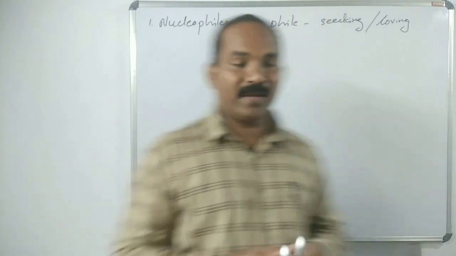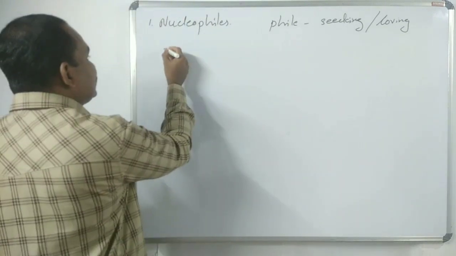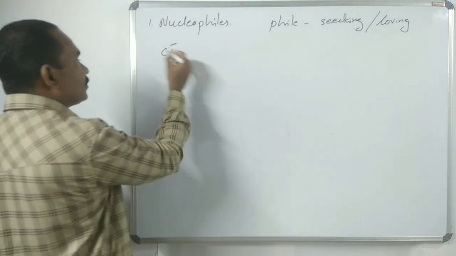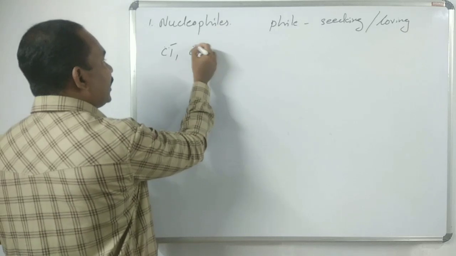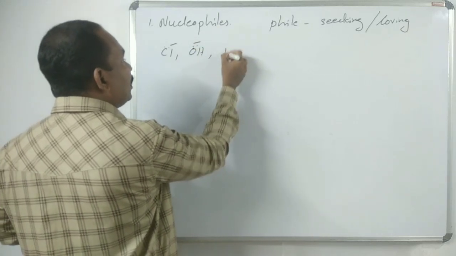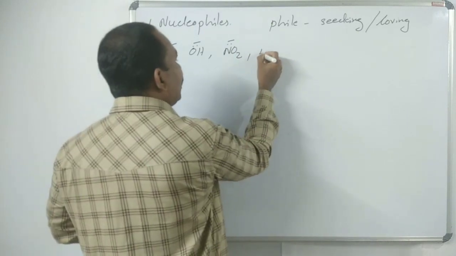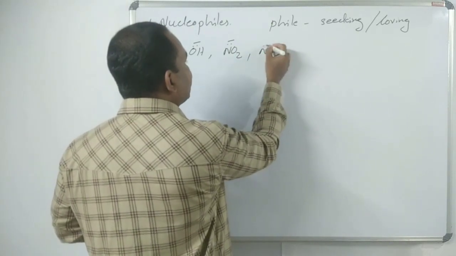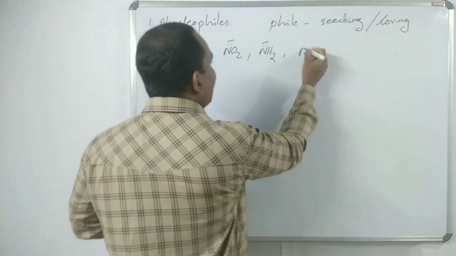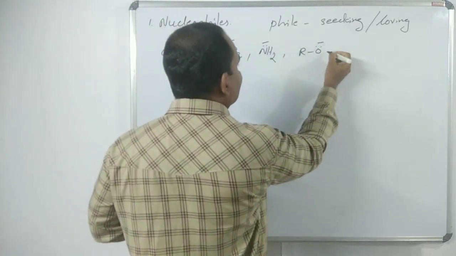Some nucleophiles: Cl minus, OH minus, NO2 minus, NH2 minus, RO minus.